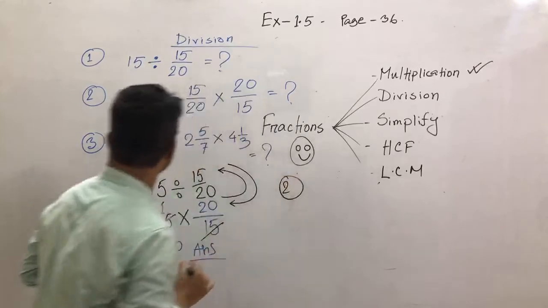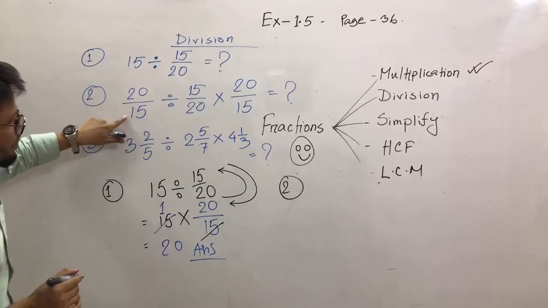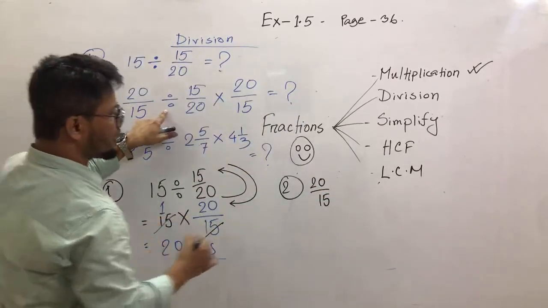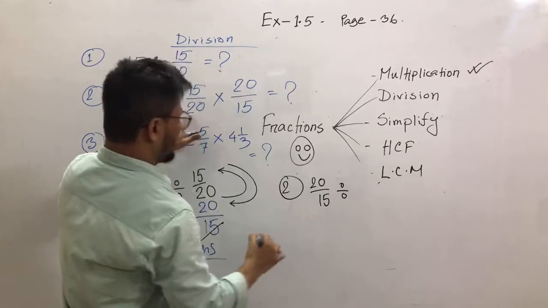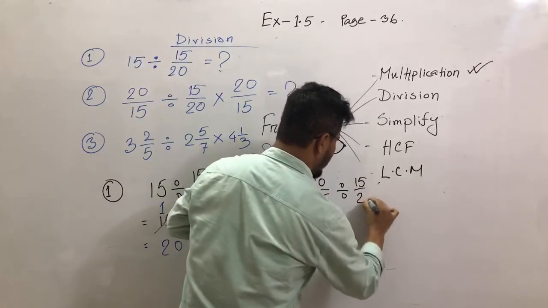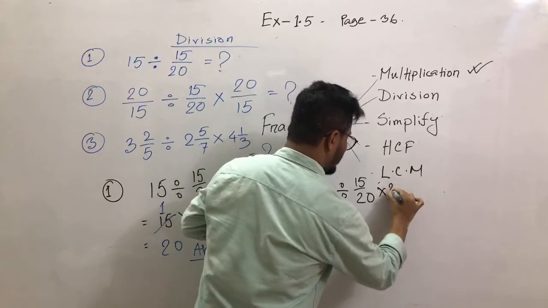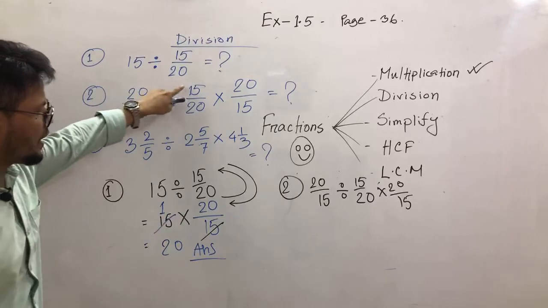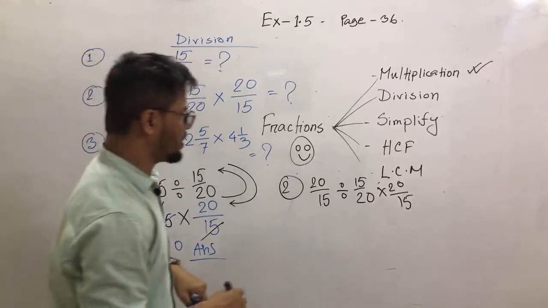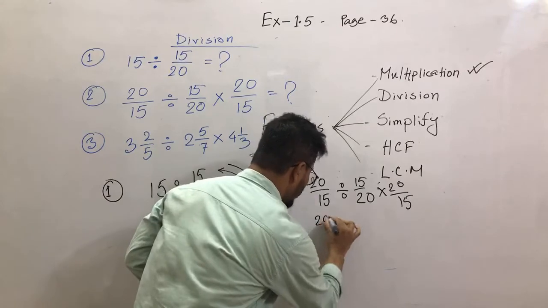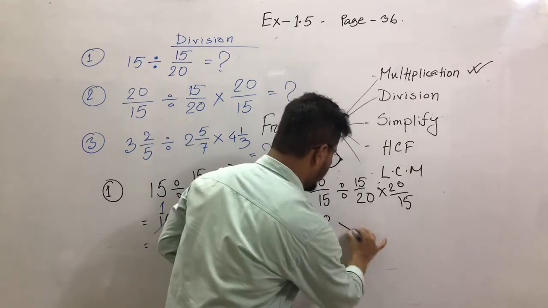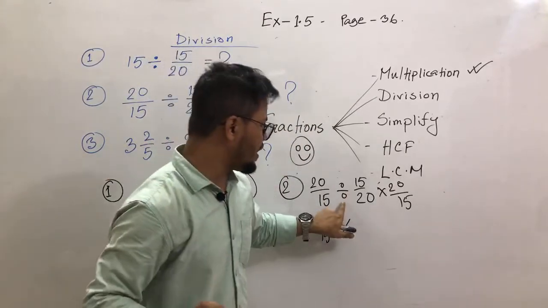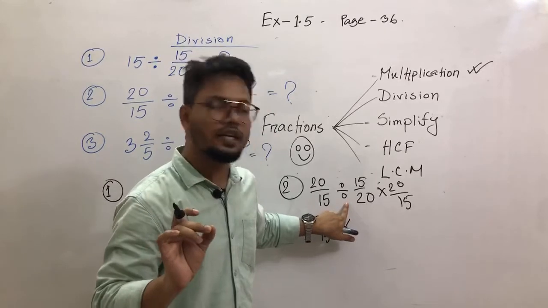Number 2: 2 by 15, and then divide 15 by 20, then multiply 20 by 15. Let me review: 20 by 15, 15 by 20, and 20 by 15. So now 20 by 15, and this is converted into a multiply. When we have divide and multiply, we first have to calculate the divide.